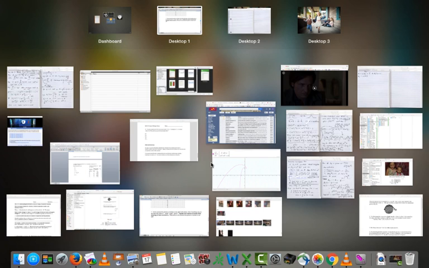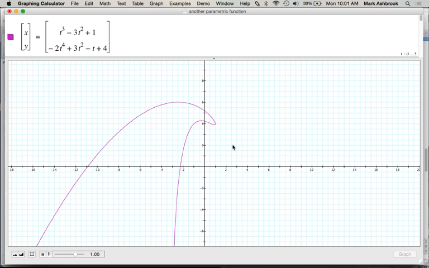So that's what I want to know about the anteater here. Where's the point on this curve that's furthest to the right? How am I going to figure that out? Or in other words, where is the x value the greatest?